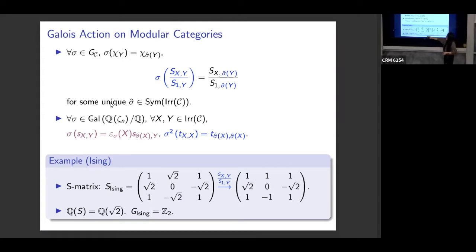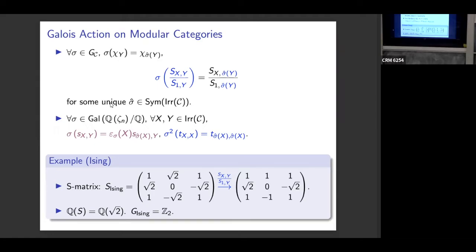We know that Q adjoining S is the same as Q adjoining square root of 2, and the Galois group is isomorphic to Z2. The non-trivial Galois element acting on the S entries permutes the first and the last column and fixes the middle one.